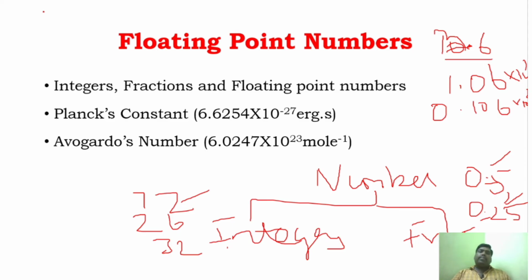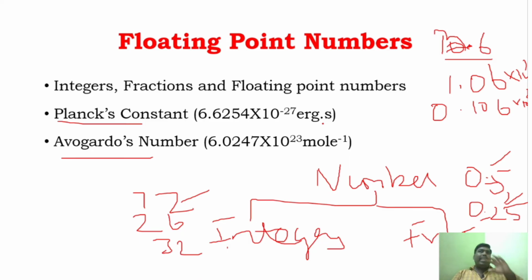So, for example, if you want to represent a scientific number, like Planck's constant or Avogadro's number, in computers, then definitely you need floating point representation. And that is why we're going to see this particular topic as a very important topic.